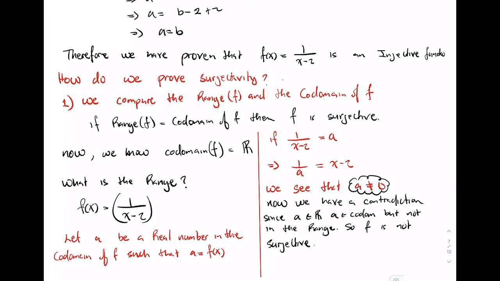But what step can I take to make this function a bijective function? We already know it's injective, so we just need to make it surjective. So the step that we need to take is we need to remove the number 0 from the codomain.